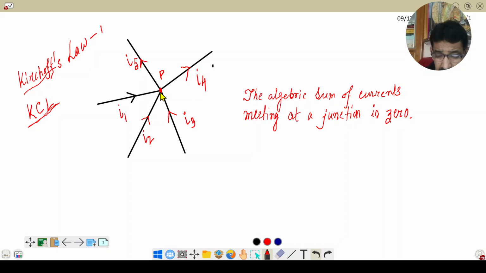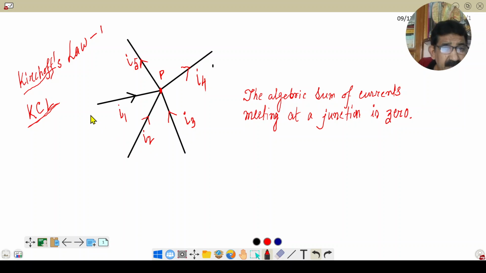Here we observe that I1, I2 and I3, these three currents are meeting at the point P, coming from other points.